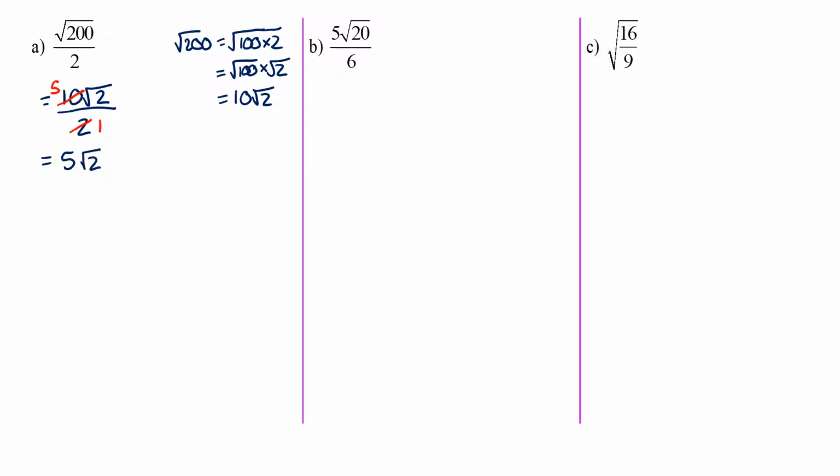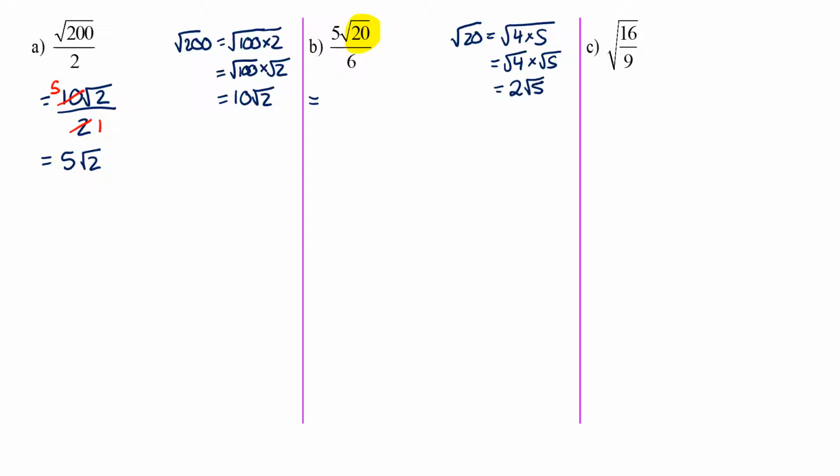Okay, with the next one, I can't do anything with the 5 or 6, so it really looks like I can't do anything. So what I'm going to have to look at is that square root of 20 and simplify it. Now it's probably easier, as I've been doing, to do it off to the side. So square root of 20 is equal to the square root of 4 times 5, which is the square root of 4 times the square root of 5, which is 2 root 5.